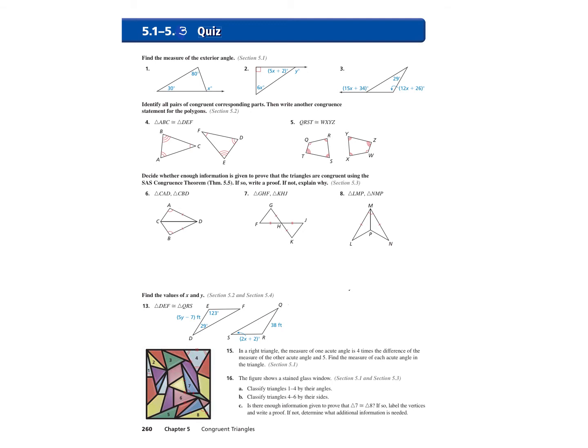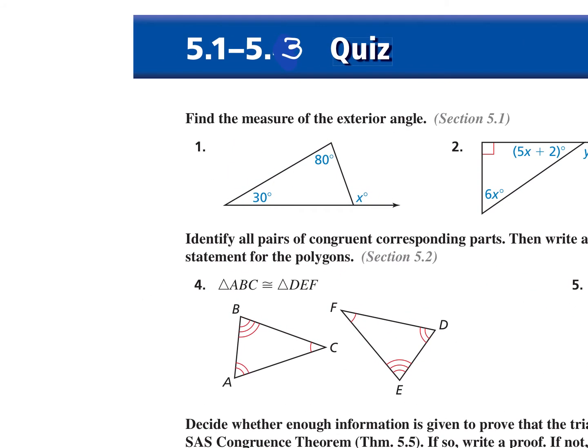So for chapter 5, be able to apply the triangle sum theorem and be able to apply the exterior angle theorem. So for example, on number 1, to find the measure of angle x, we're going to use the exterior angle theorem.